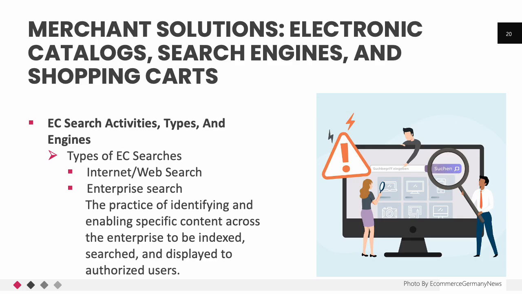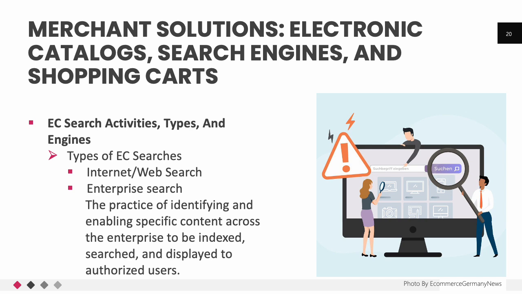And there are some types of e-commerce search. They come from internet or web search. It's the Google-style search we all know. It's used to find products across the web. Search for the best wireless headphones on Google, and they will give you some links so you can choose which one you want.